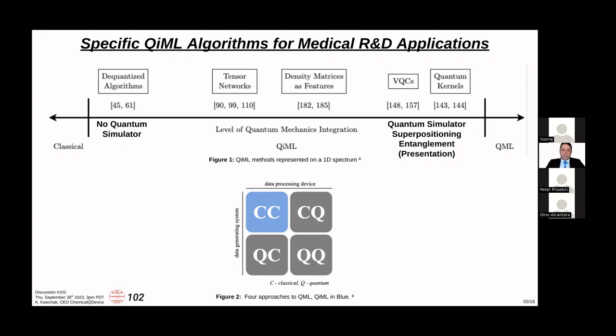Now, this is actually considered CC. If you've seen this chart before, this is common, it's the big table of quantum artificial intelligence, going back to the 90s when they did quantum algorithm research. Since the quantum algorithm is being processed on the data generating system, which is a CPU, and the data processing device is also classical, we're in this upper left-hand corner called CC, for quantum inspired machine learning.